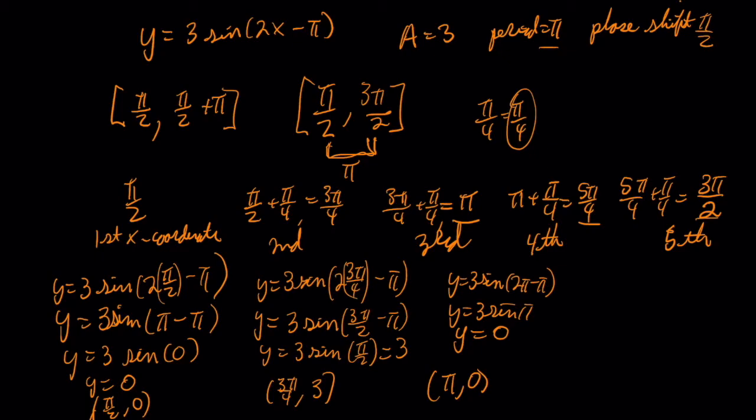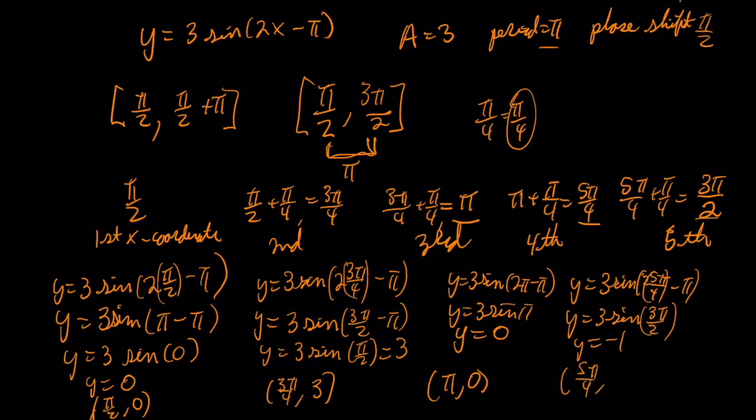If I take y equals 3 sine of 2 times 5 pi over 4 minus pi, that's going to end up giving y equals 3 sine of 3 pi over 2, which would give us negative 3. So I have the point when x is 5 pi over 4, y is negative 3, and we'll do the same thing for 3 pi over 2 with what little room I have.